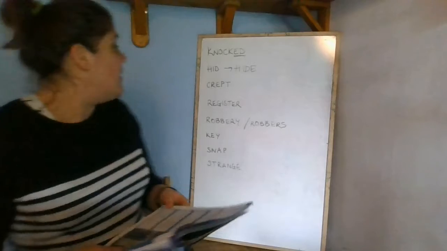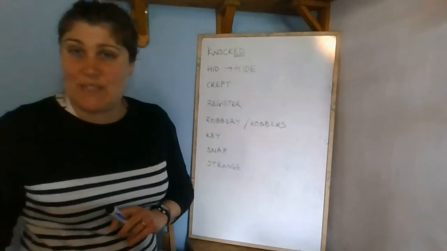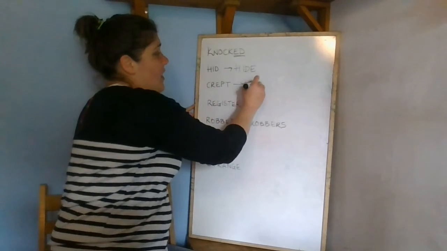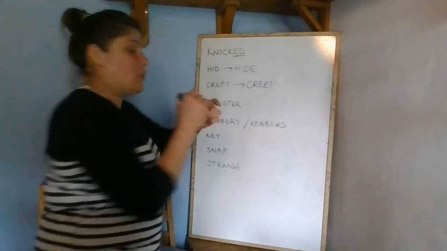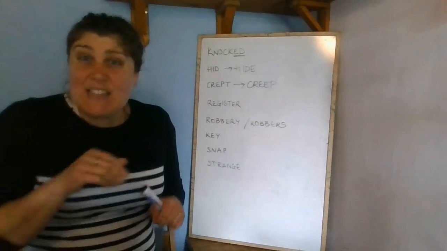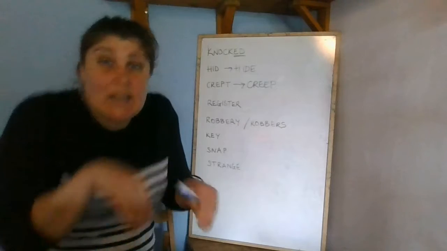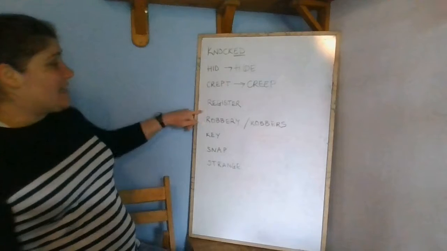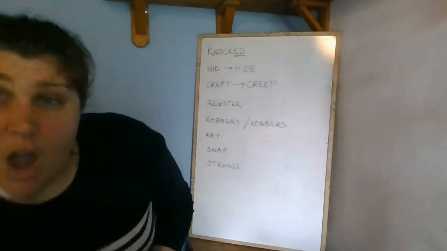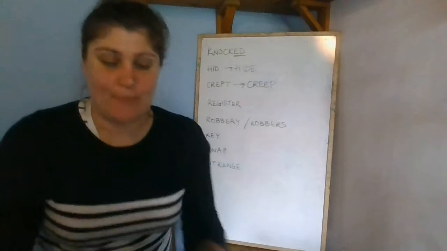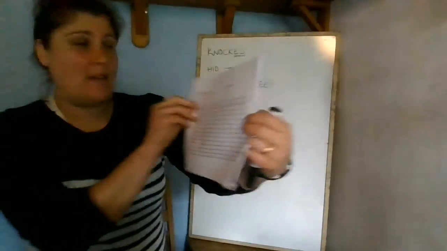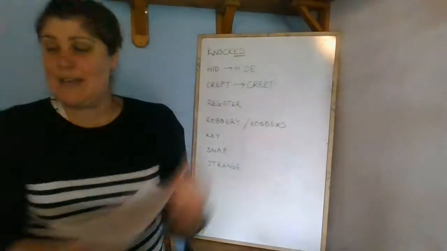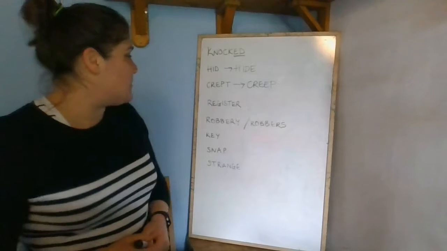The next one is crept. Again, crept is in the past. The verb is creep. To creep is to walk very quietly. Creep, creep, creep. The next is a register. A register is something that teachers have. Here is my register for Project 4 class. The register is the list of names of people in the class.